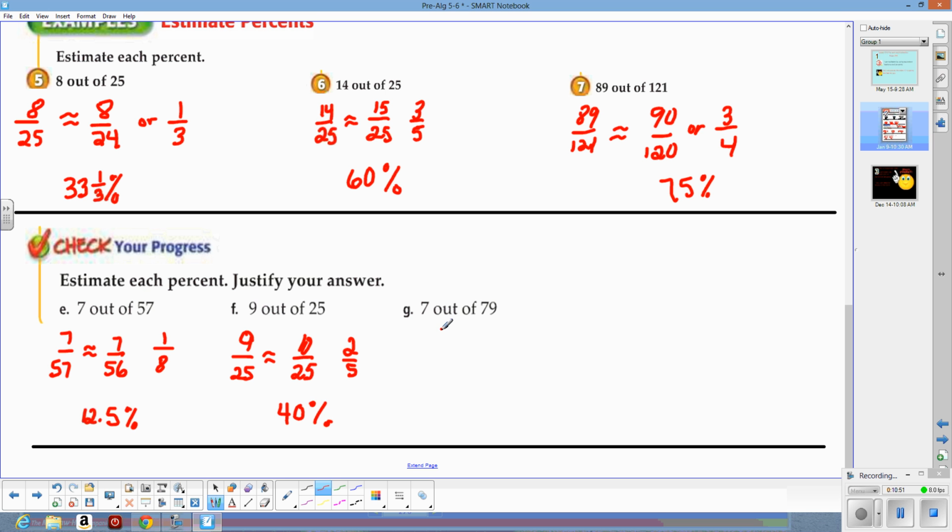And last, 7 out of 79. I would probably change that to being 8 out of 80, because 8 out of 80 simplifies to being 1/10, and 1/10 is 10%, because 1/10 is the same thing as 10 out of 100.